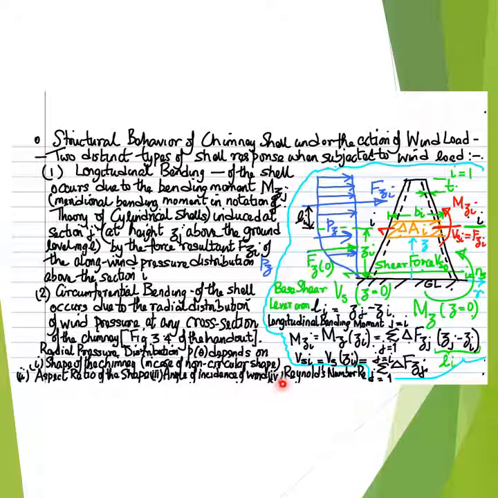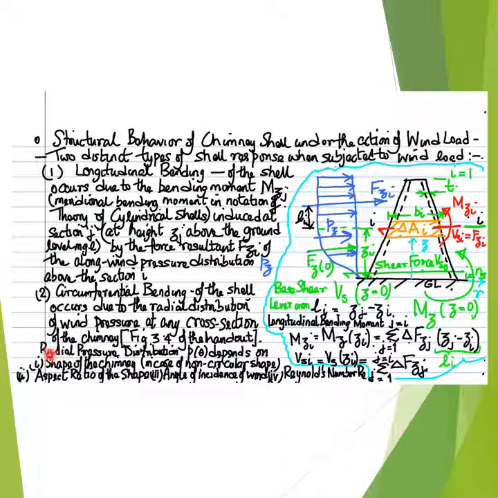The angle of incidence of the wind. And 4. The Reynolds number, denoted as RE, of the fluid flow, that is the Reynolds number of the flow of air around the industrial chimney.